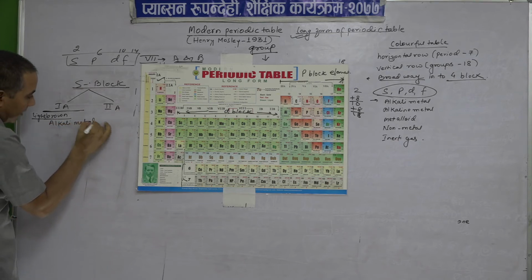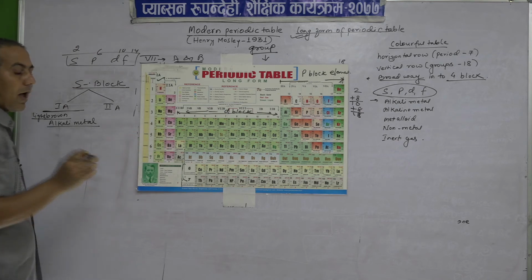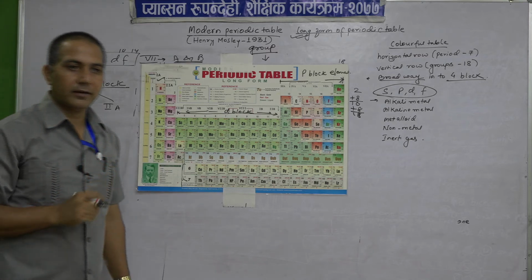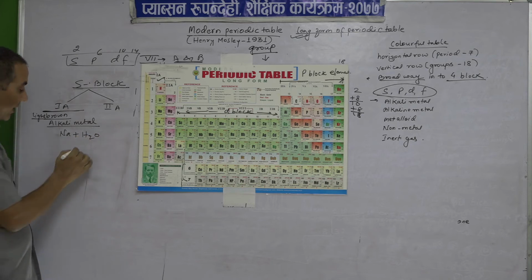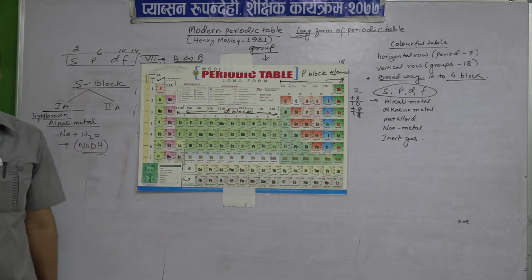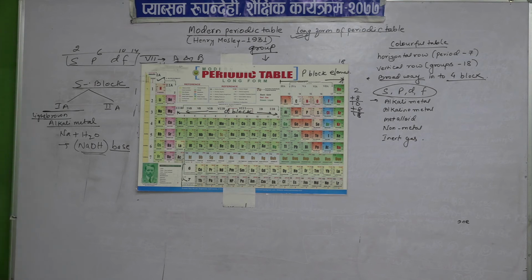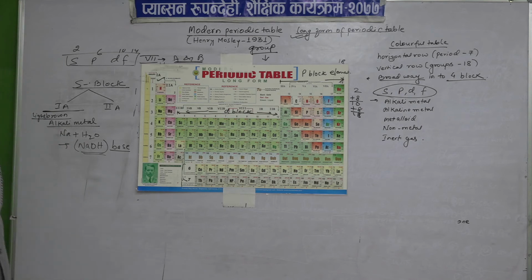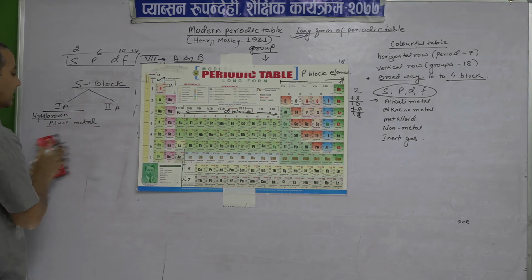Alkali. So what is an alkali metal? Alkali metals are those metals which, when dissolved in water, form a strong hydroxide. For example, when sodium reacts with water, what happens? Sodium hydroxide is formed, and this is a strong base. Alkali metals form strong hydroxides, which have the capacity to neutralize acid.